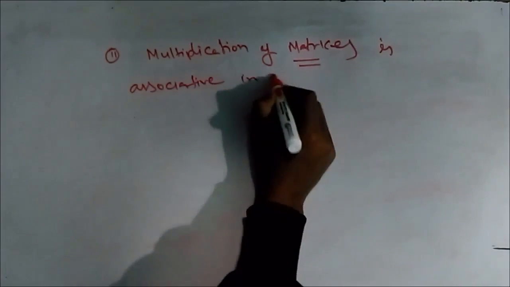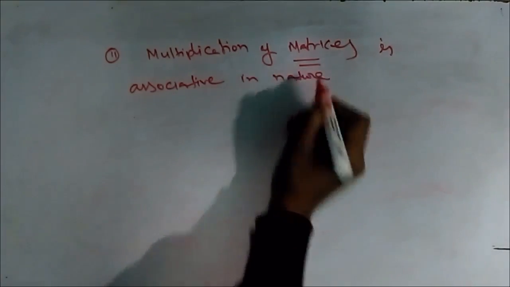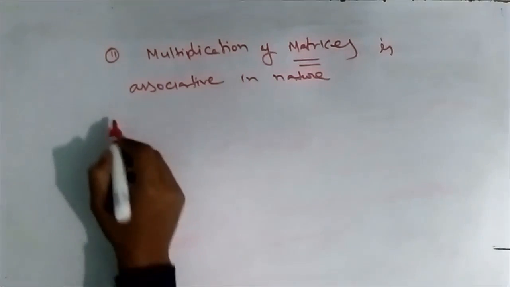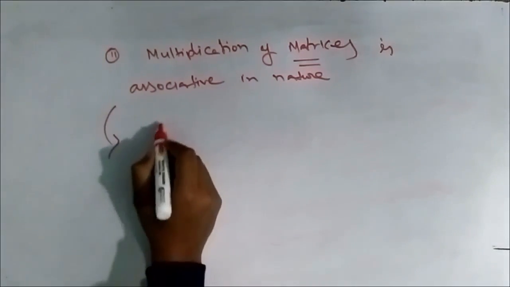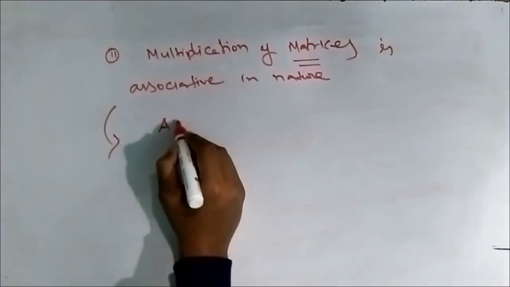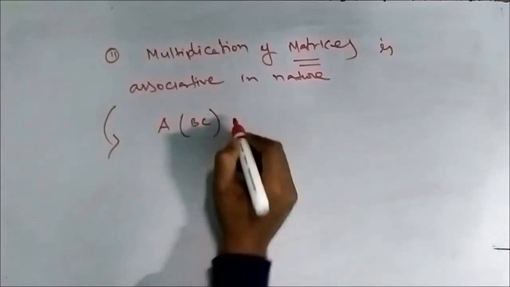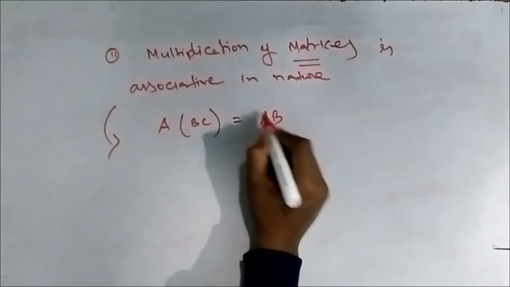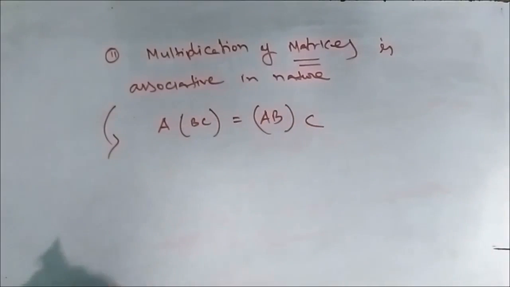What is the associative property? That is, A into BC is the same as AB into C. This law is known as the associative law of algebra.